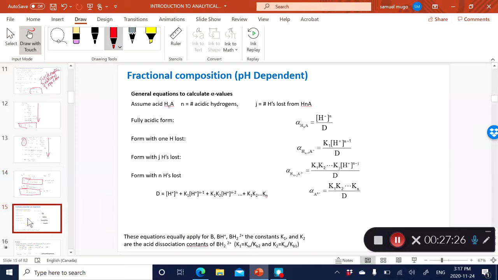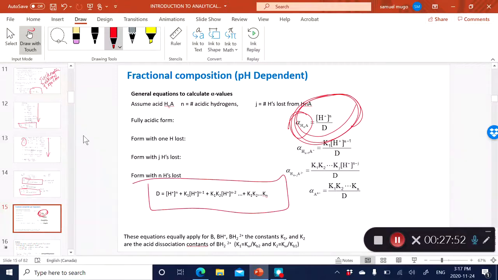And so the fractional composition equations, if I can give you the general equations, they typically look like that. If I've got a fully protonated system, the fractional composition of a fully protonated system would be the hydronium ion raised to the number of hydrogens present divided by D, and the D is equal to that.